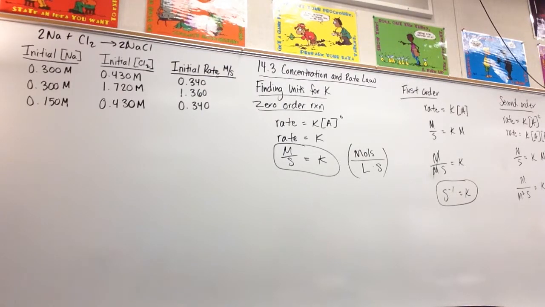So for exponents, when we have this over this, we subtract, right? There's an invisible 1 here that we don't write because it's just 1. So what's 1 minus 2? Negative 1. So then our units are going to be M minus 1 S minus 1 is equal to K. Okay, so those are always going to be your units for a second order equation.